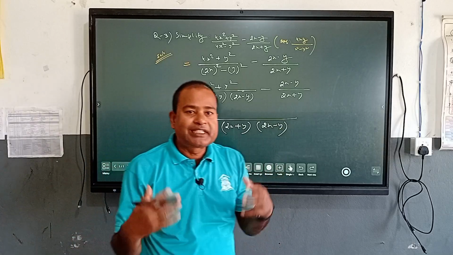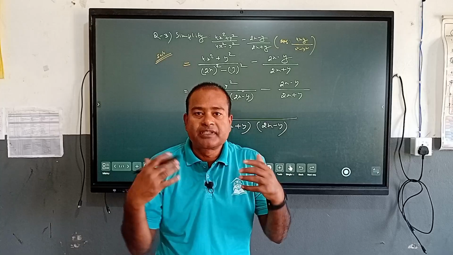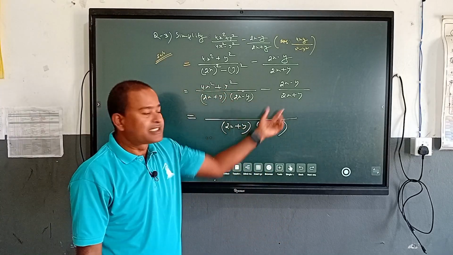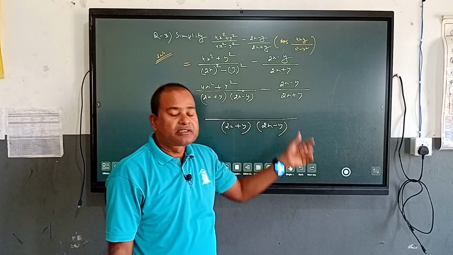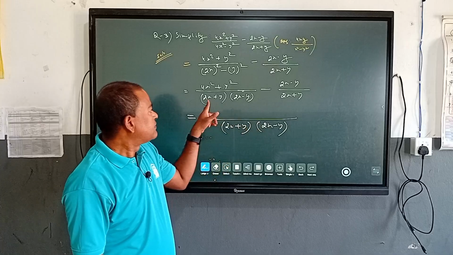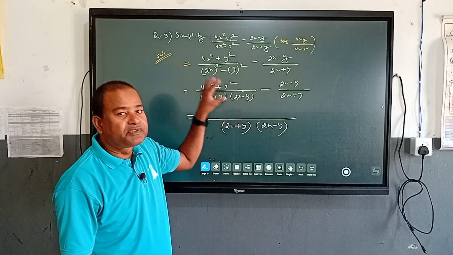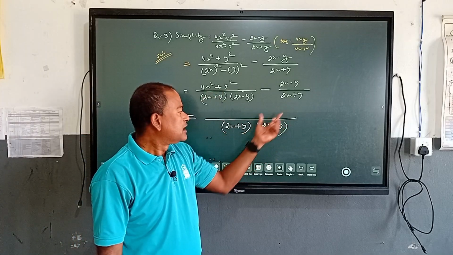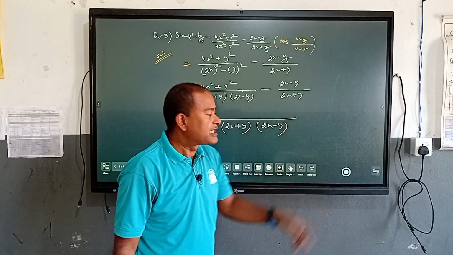Dear students, after taking the LCM of denominators, according to the basic rule of simplification of rational expression, we have to divide the LCM by each denominator. That means we divide the LCM by the denominator of the first rational expression, and again by the denominator of the second rational expression.